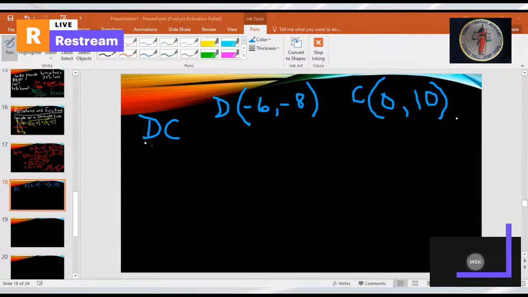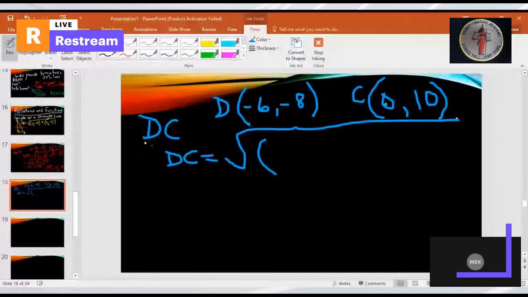All right, so let's work it together now. For the length of the line DC, we put our big square root sign and our brackets: the second x value, which is 0, minus the first x value, which is -6, squared, plus the second y value, which is 10, minus the first y value, which is -8, and we're going to square that as well.